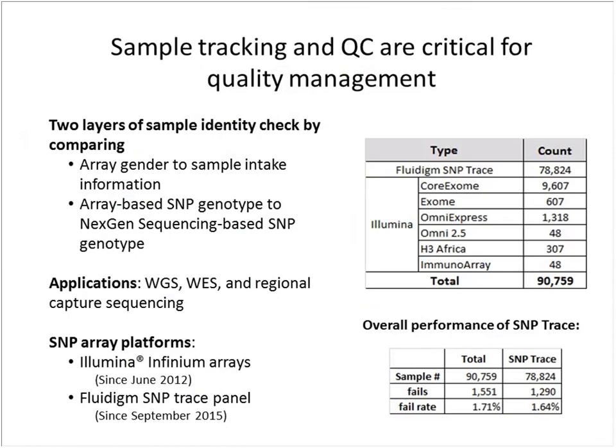So the SNP array enables us two layers of sample identity check by comparing the array gender to the sample intake gender. It also helps us to compare the array-based SNP genotype to the next-gen sequencing-based genotype.